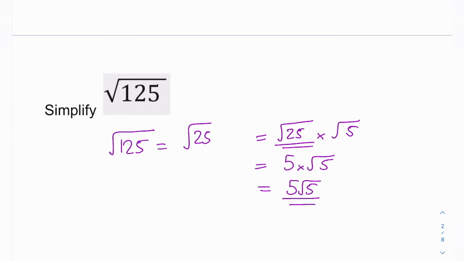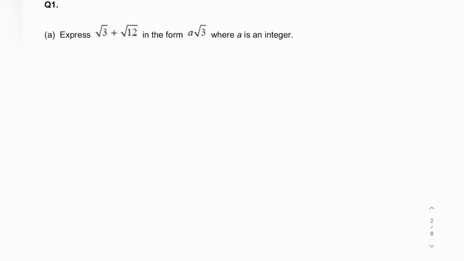So how they can apply this to a question in your GCSE paper, they might give you a question which looks like this. It says express root 3 plus root 12 in the form a root 3, where a is an integer. So that tells us we need to get both of these surds as root 3.